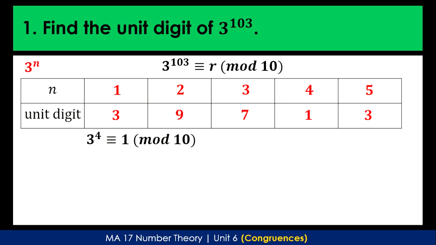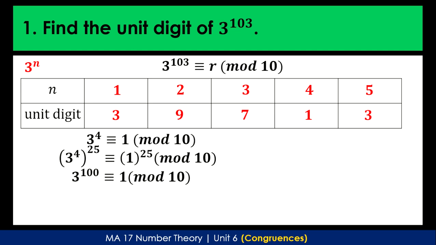Let's raise both 3 raised to 4 and 1 to the power 25. We'll have 3 raised to 4 times 25, so that's 100, and 1 raised to 25 is 1. So we have 3 raised to 100 congruent to 1 modulo 10.